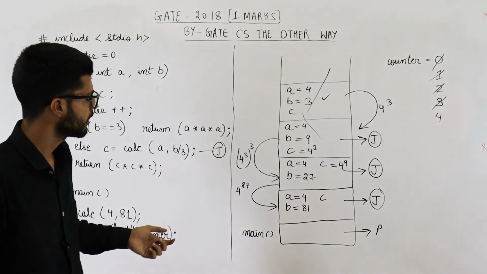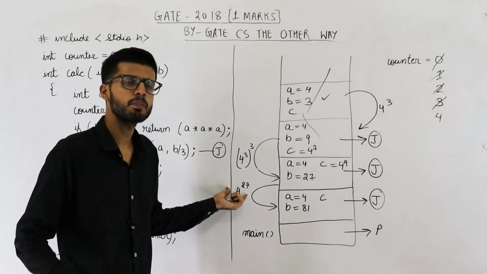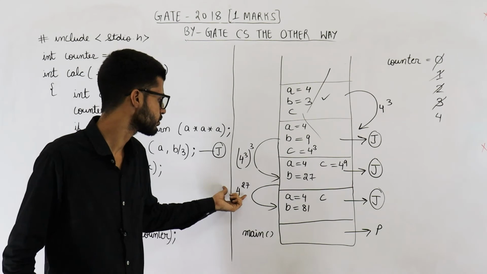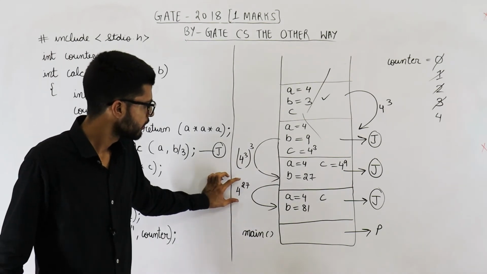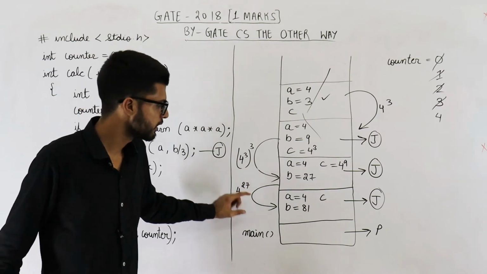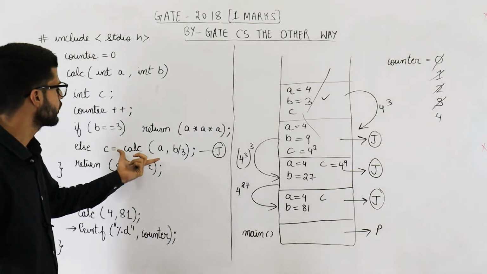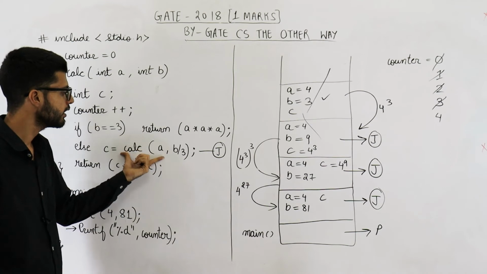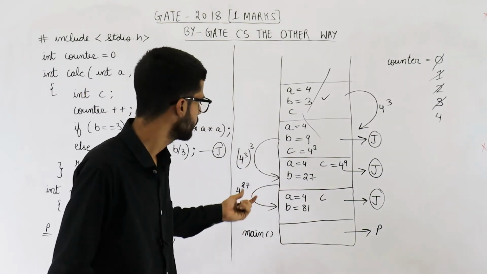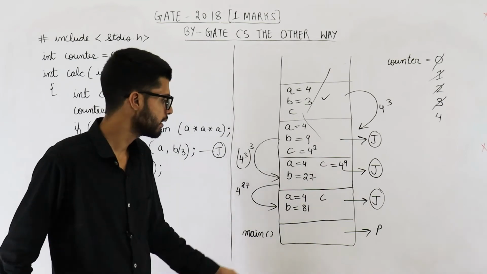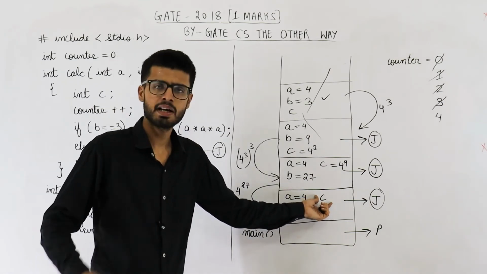Yeah, true. Now, maybe this value will not be stored in an integer. It will just go out of the range of integer. And hence, a random value will be given to this variable C. See, we have called this function calc. It returned a very large number that cannot be saved in some integer. So some random negative value might be given to this variable C, or it might even be 0.